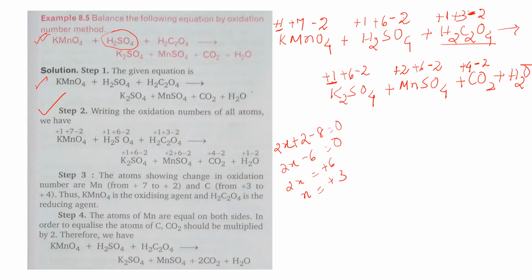You can see that manganese is +7 on the left hand side and manganese is +2 on the right hand side. That means there is a change in the oxidation number. Now oxygen is no change. Oxygen is not changing: -2 here also, -2 here also. So left hand side and right hand side, they are equal.